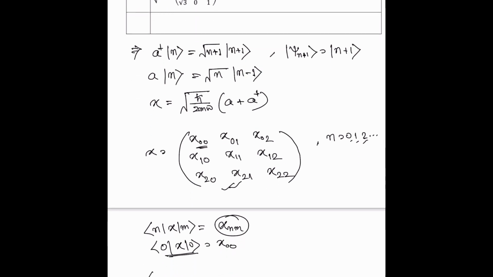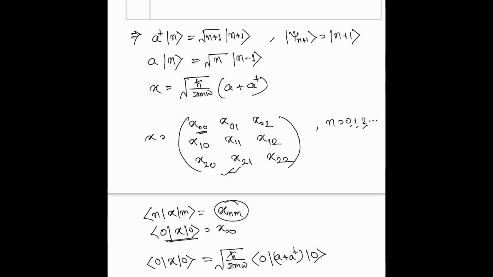So let's first calculate the first element of this matrix, which will be h bar by twice m omega times 0, a plus a dagger, 0. Now this constant term will be there, and the a operator acting on the 0th state will give us 0, because the annihilation operator acting on the ground state gives us 0, and a dagger acting on 0 will give this.